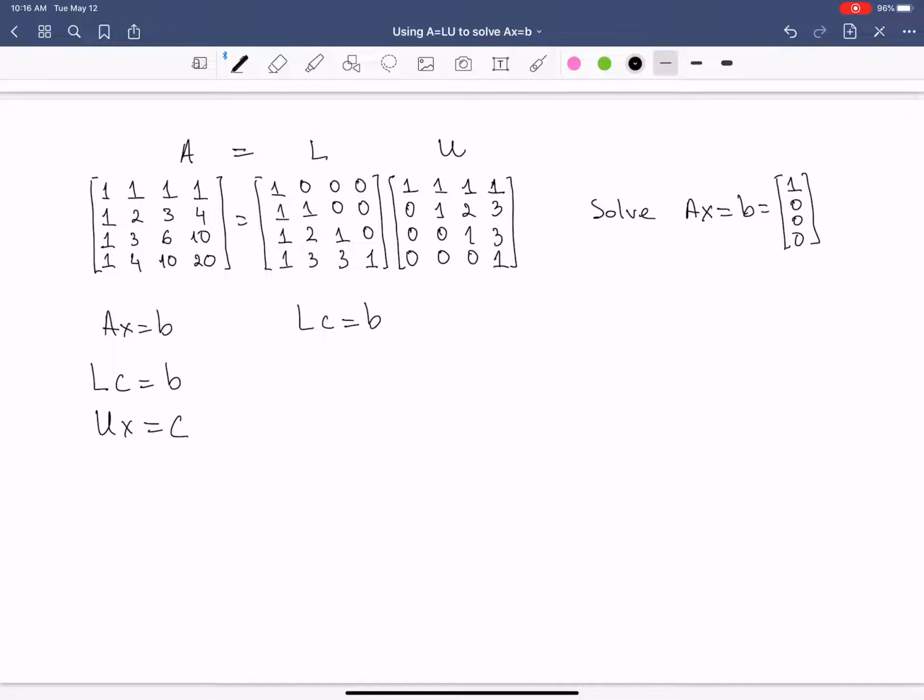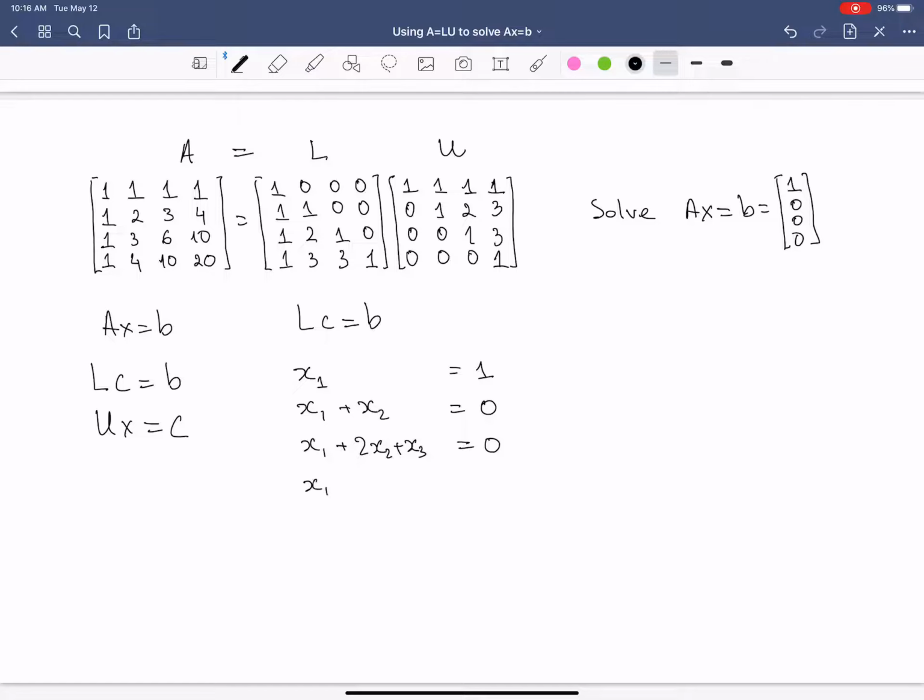Now, take the matrix L and write the equations. From the first row of L, we have x1, and from B, we know x1 must equal 1. Then the second row says x1 plus x2, then x3 and x4 don't show up, must equal 0. Then we have x1 plus 2x2 plus x3 equals 0.